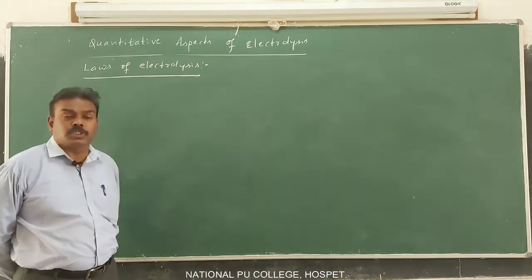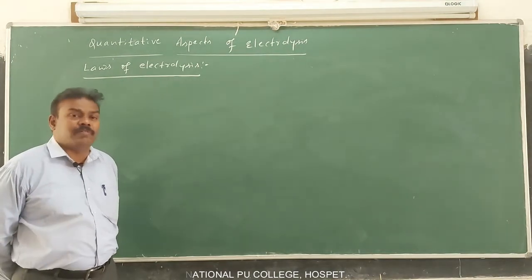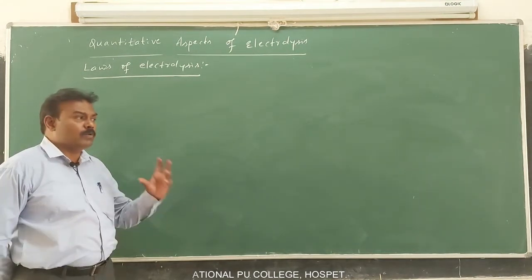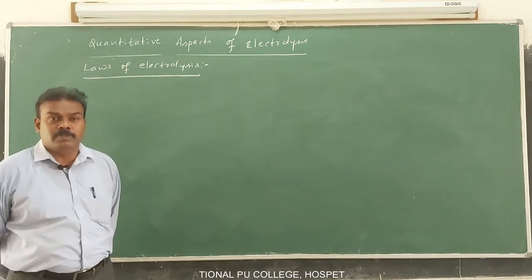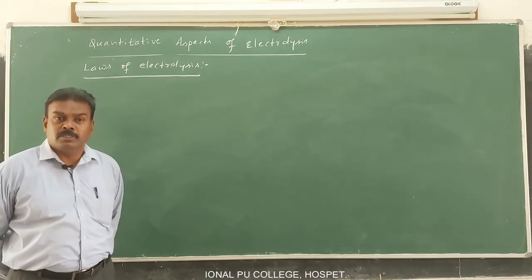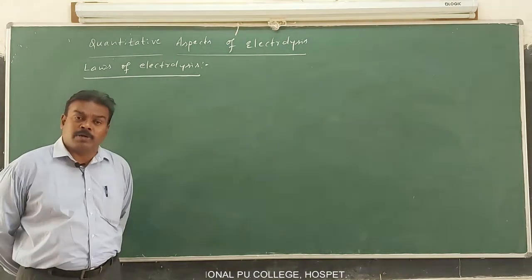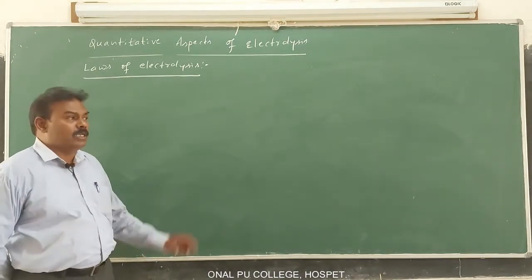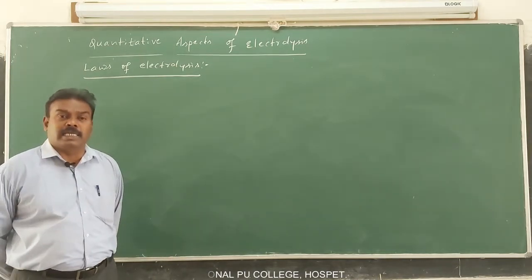The scientist Michael Faraday gave some quantitative relations between the amount of substance deposited, liberated or produced at an electrode and the quantity of electricity.